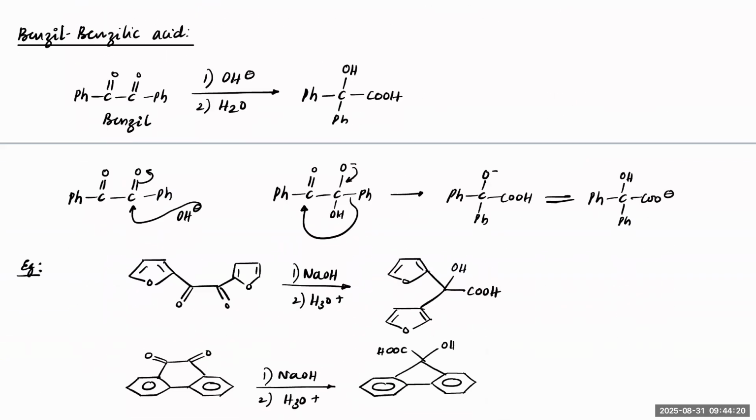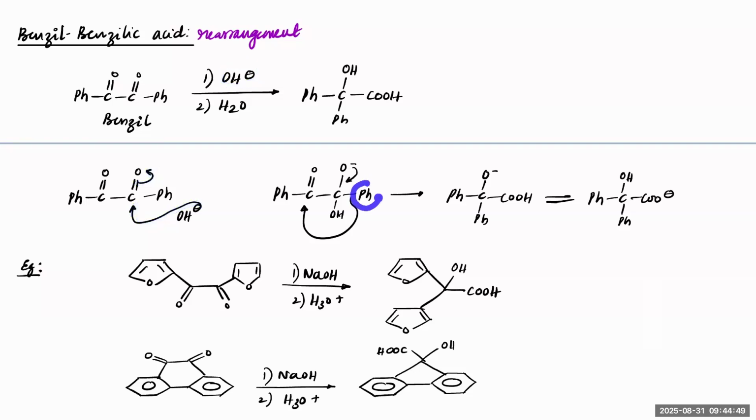Next one is the benzilic acid rearrangement. Now let's see. Benzil has a diketone at the adjacent carbons. This is called benzil. In the presence of OH minus, first OH minus will attack on one position, and you will get O minus.